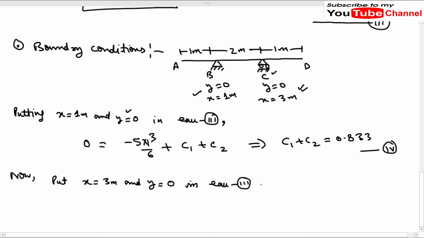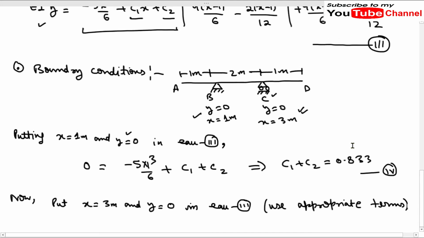Or you can also use appropriate terms, which means that you should use only those terms which will be valid in that segment about which you are talking. Right now I am talking about this support C, where y is 0 at x is equal to 3 meters. So how many terms do I need to take?